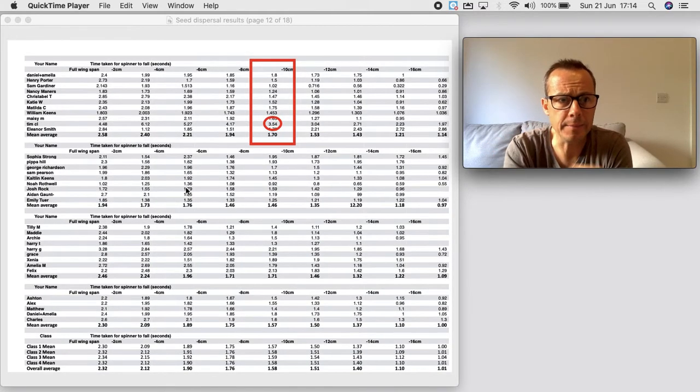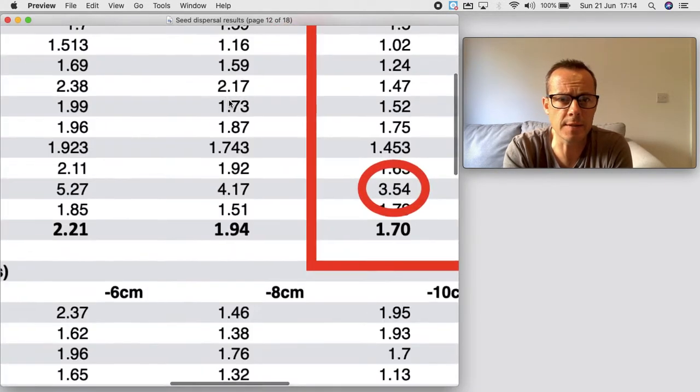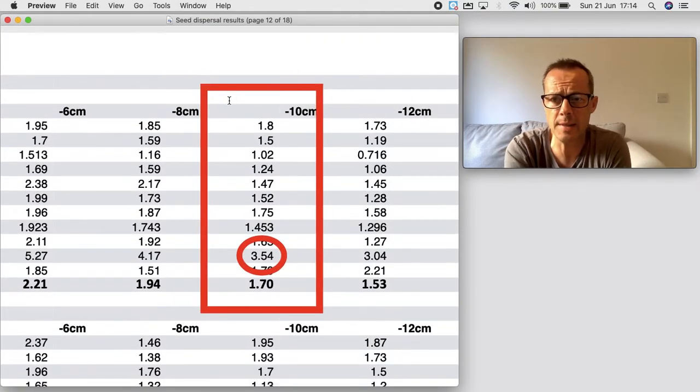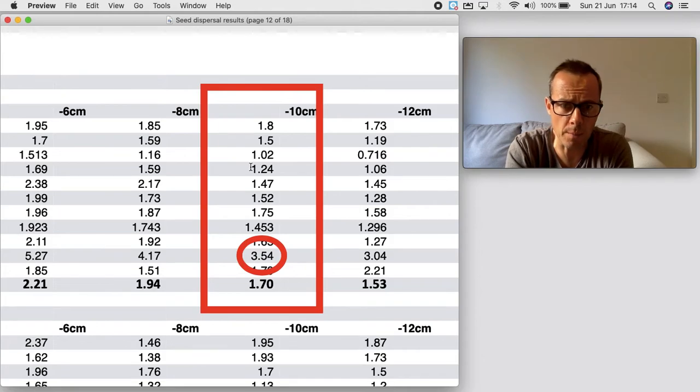So if we look here, we'll pick out class 1. We'll have a look at this data set here that I've highlighted. So this was for the 10 centimetre wingspan. So we scroll down and we look, we've got a result of 1.8, 1.5, 1.02, 1.24, 1.47, 1.52, 1.75, 1.45. These two you can't see, but they're 1.6 and 1.7.